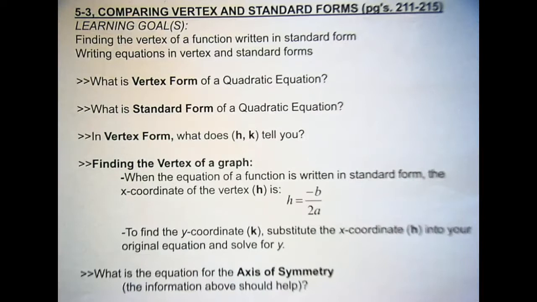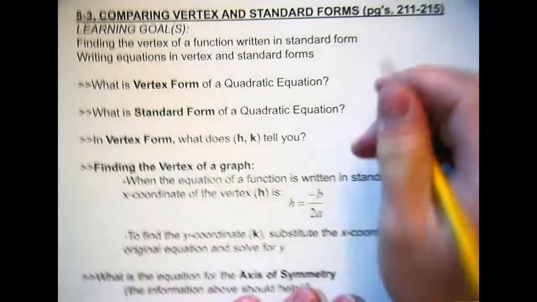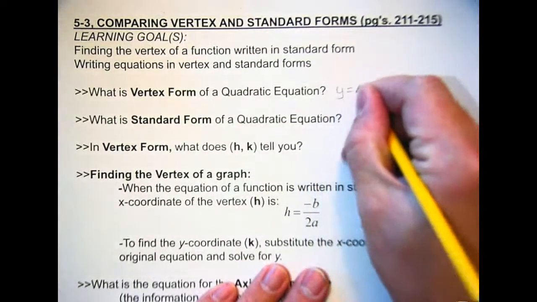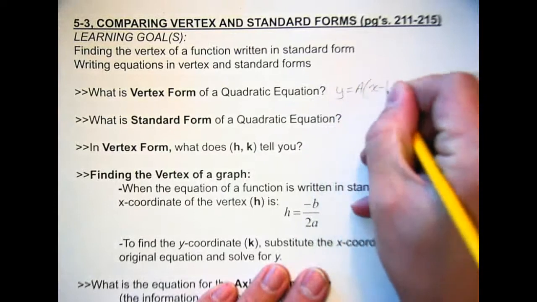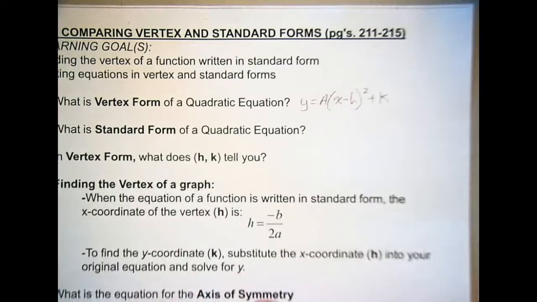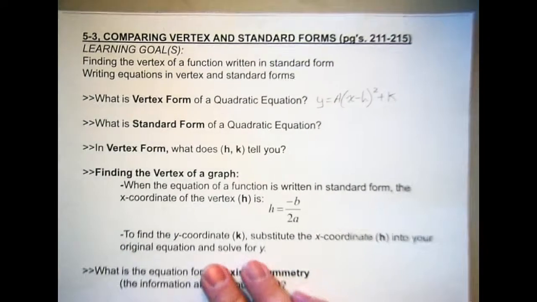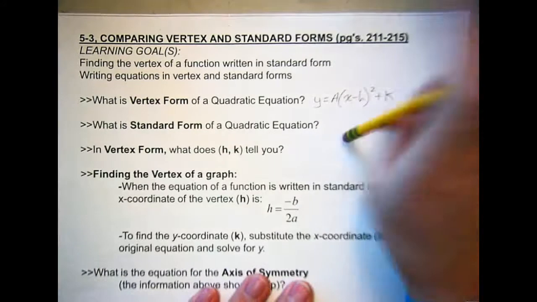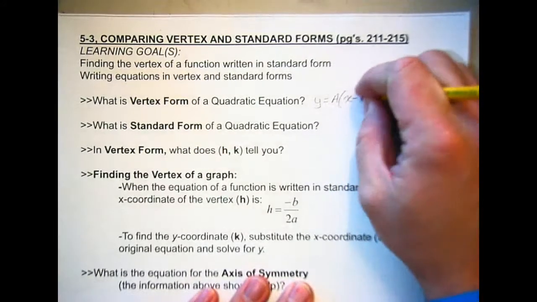Vertex and standard form, comparing the two and going back and forth in between each of them, is what we're doing today. So vertex form, let's quick review. Vertex form is y equals a times quantity x minus h quantity squared, all plus k, and remember hk is your vertex.